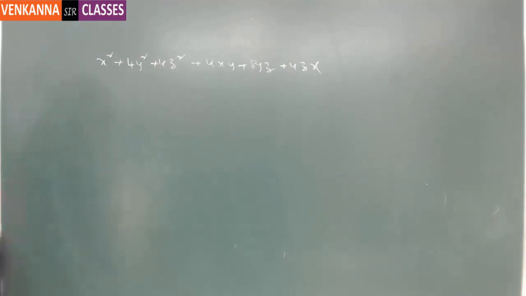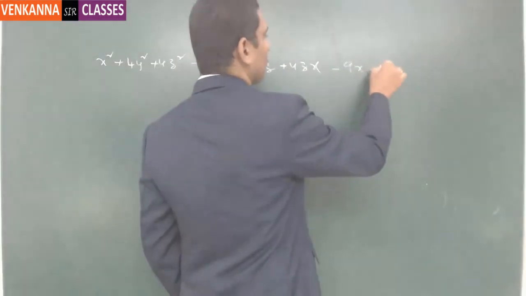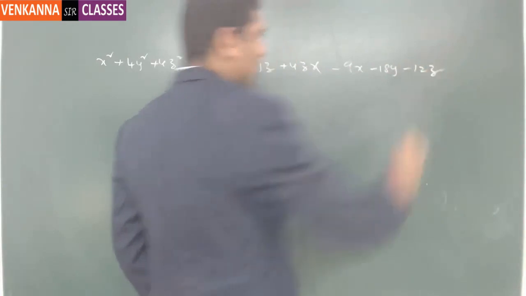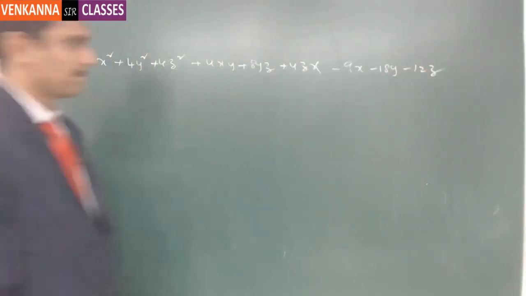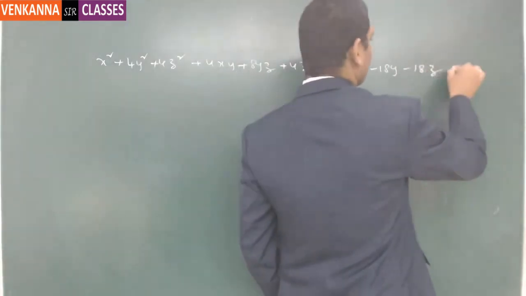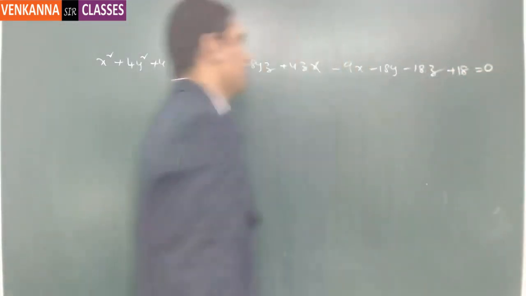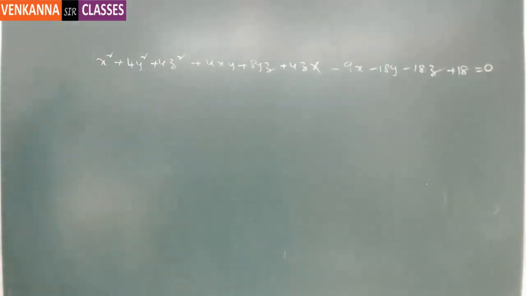Then you have minus 9x minus 18y minus 18z plus 18 equal to 0. Here also the question tag is similar: if it represents two parallel planes, find the distance between them. The same question tag we have taken here. Clear to all?